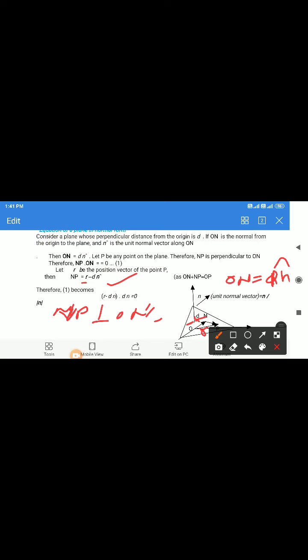So it is not dn, it is n. R minus dn dot n cap. These are unit vectors. So r minus dn dot n cap is equal to 0.